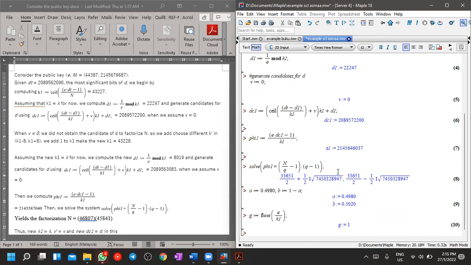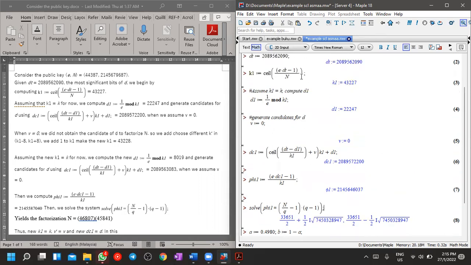Then we solve it to check whether the modulus can be factored or not. But we cannot obtain the factorization of n. So we have to choose different k prime in k1 minus 8 until k1 plus 8. So we add 1 here.